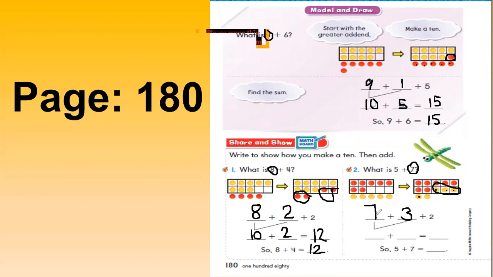Now, what is 7 plus 3? Yes, you had 7 counters. You added 3. So that gives you 10. So right here, 10 plus, you bring this 2 down. So that is again 10 plus 2 gives you 12.